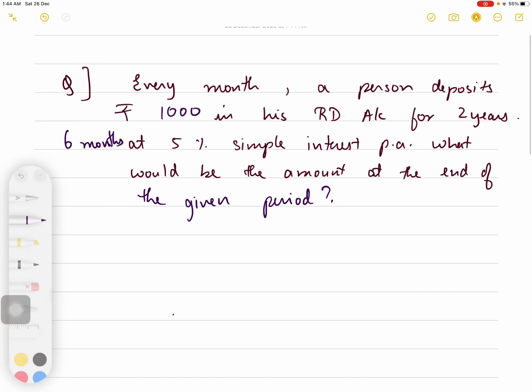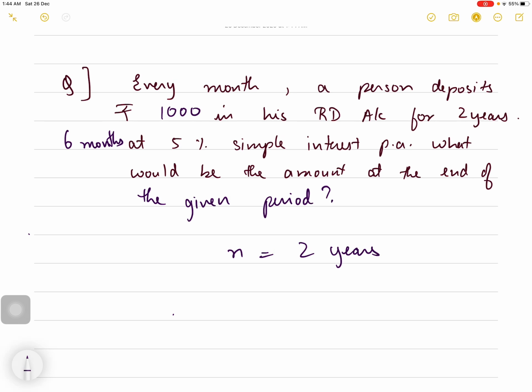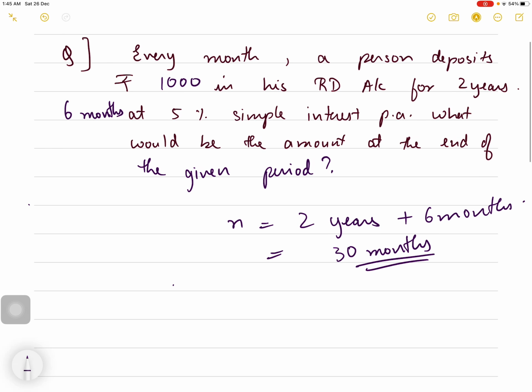This is the question. In this case the period is 2 years 6 months, so N is 2 years plus 6 months, that is 24 months plus 6 months, so 30 months, correct?